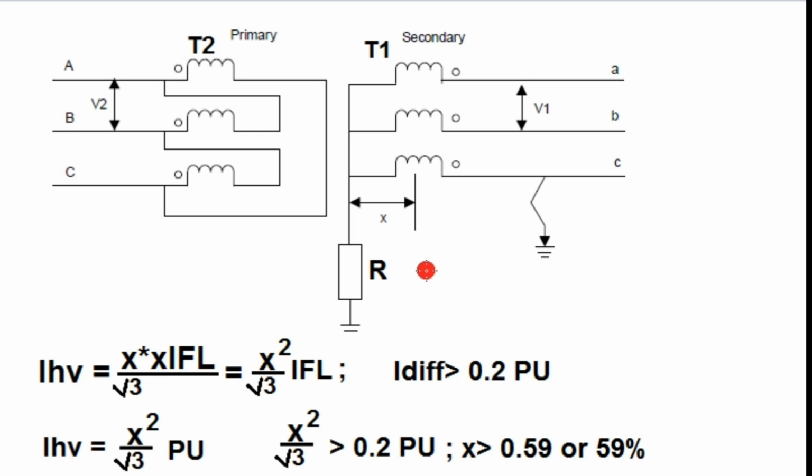So if a fault occurs at 59% of the winding from the neutral point, the value of the fault current will be such that the differential current in the relay will be 0.2 per unit. Okay. So 59% of the winding will remain unprotected by the differential relay if the initial differential current setting is 0.2 per unit.